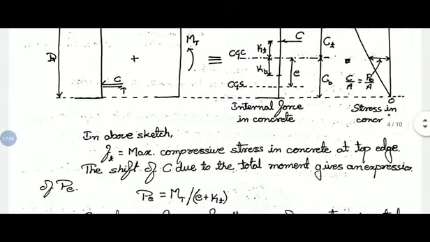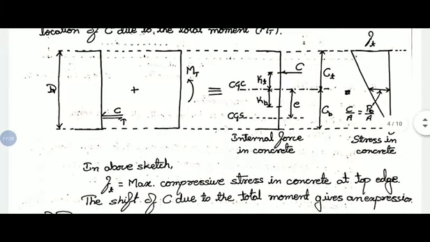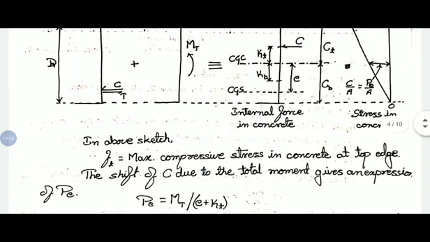So what should be that level? For that, again you can observe here, when it reaches the upper kern point, the internal force in concrete will again be compressive force. So stress in concrete will be like this. That is the same as calculating the fiber stresses in top and bottom.